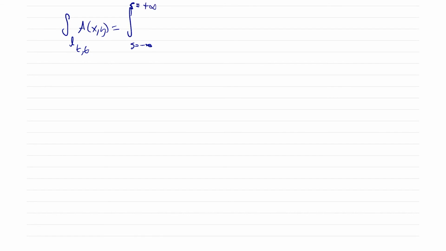Usually I would just put negative infinity to infinity, but just for clarity, of A of t cosine theta minus s sine theta, comma t sine theta plus s cosine theta, and then we need to worry about what goes here.